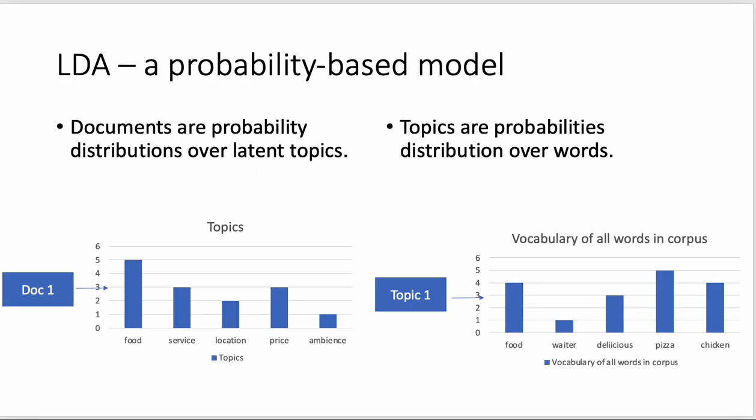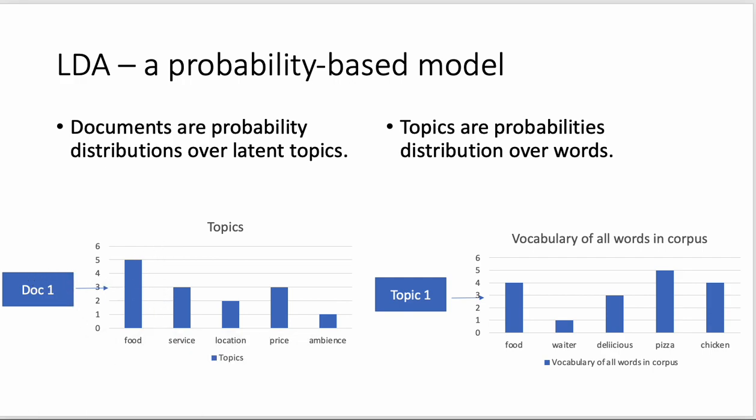So to further explain LDA as a probability-based model, we have two figures here. In figure 1 on the left, we can see that document 1, which is basically a Yelp customer review, has the highest probability of belonging to topic food. At that point, we didn't know it was food. It was just topic 1. So we're going to say that it has the highest probability of belonging to topic 1.